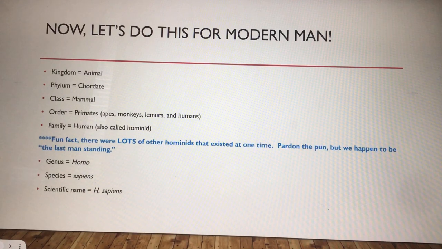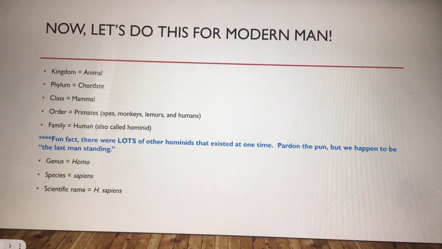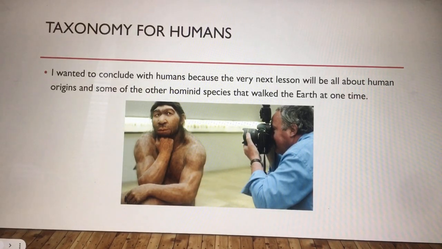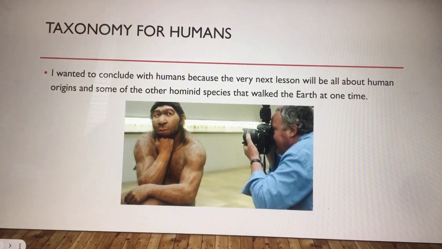But check this out. Imagine if all the cats went extinct except for bobcats, right? Well, that's kind of what happened with hominids. There have been other species of humans that have come and gone. And just pardon the pun, we happen to be the last man standing. Okay, so obviously there's a Neanderthal, just for one little example.